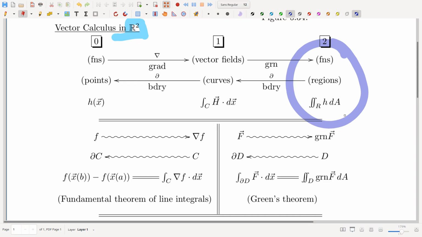Okay. So with that layout, let's talk through what the fundamental theorem of line integrals looks like on this diagram.